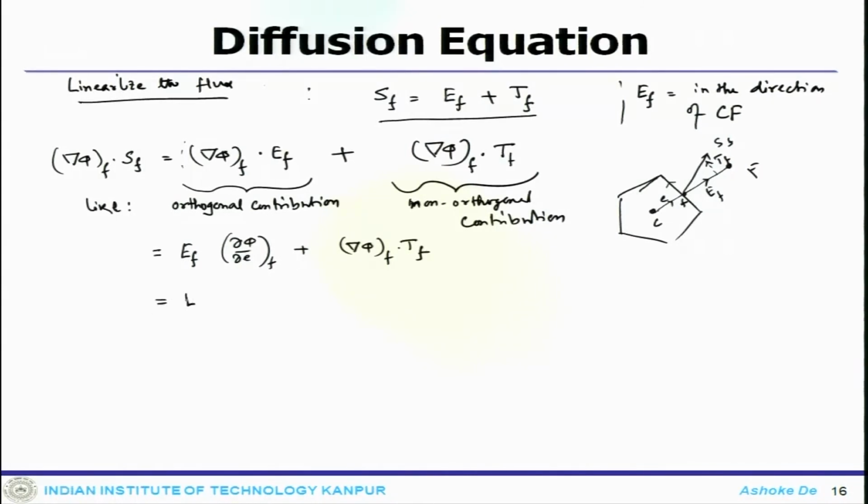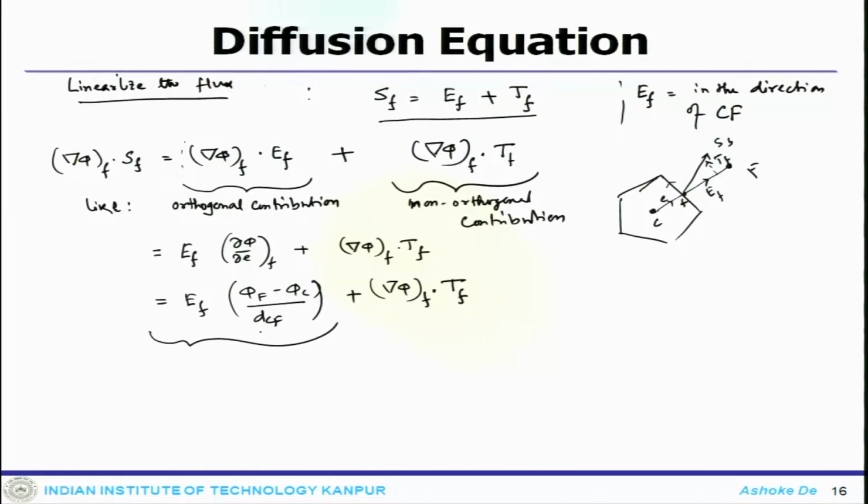So, one can write EF times (phi F minus phi C) by dCF, plus del phi F dot TF. This component involves the information of these two cell centers, C and F, and is exactly like the contribution we get in our orthogonal system.